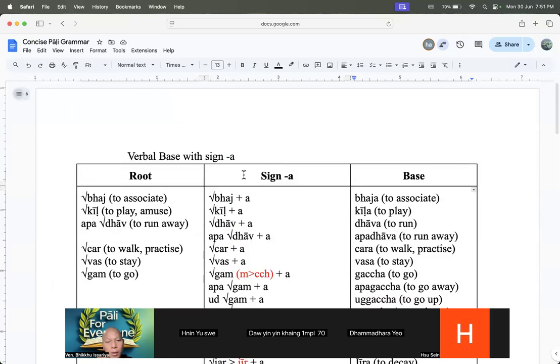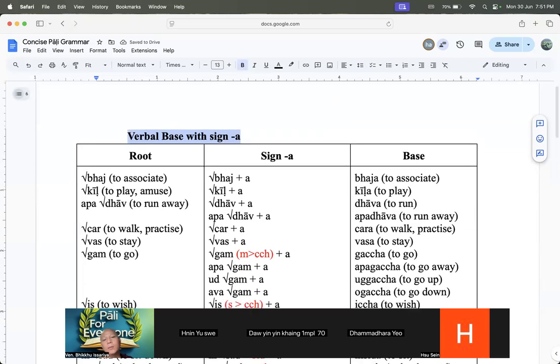So with the sign up, okay, sign up. So this sign is the most common one in Pāli Bhav. So the other sign also we have, but not so common as the up.